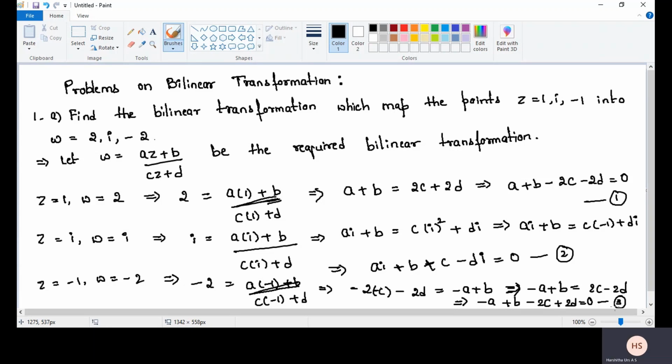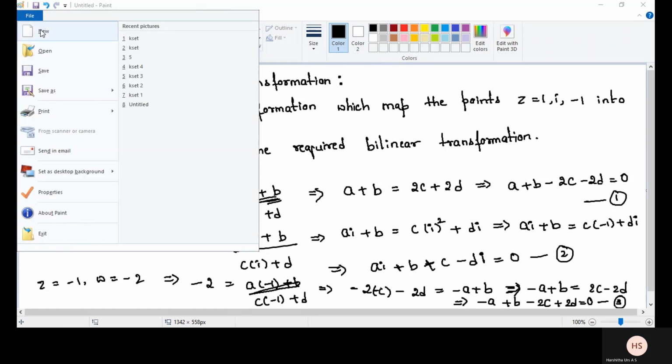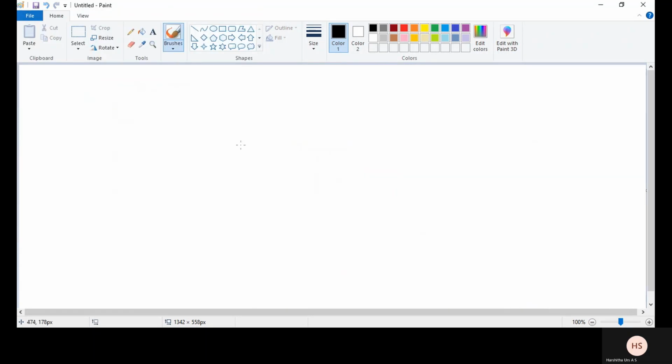Now, in the next, we have to solve the equations to find out the values of a, b, c, d. Adding equation 1 and 3.